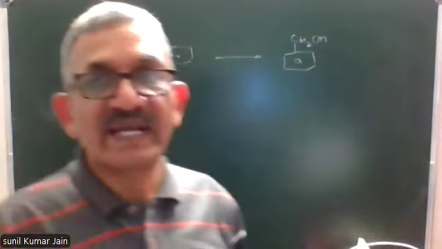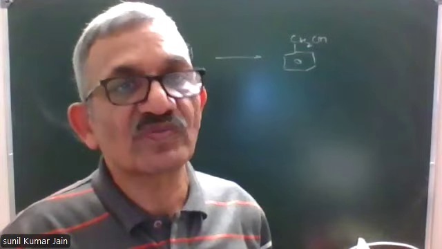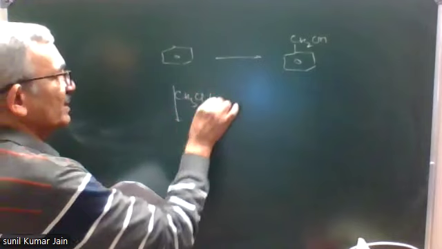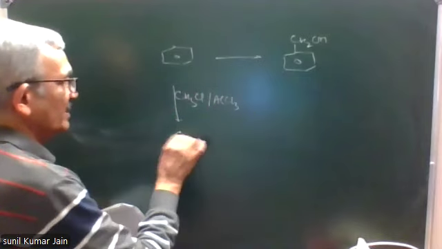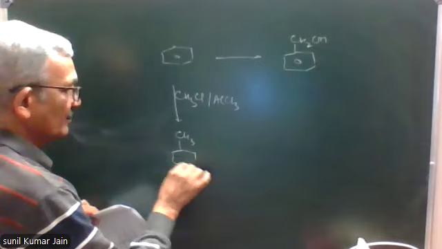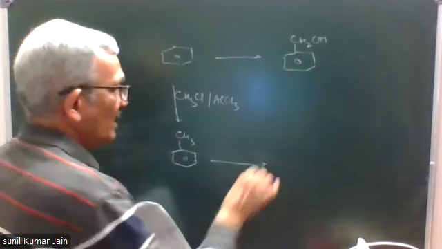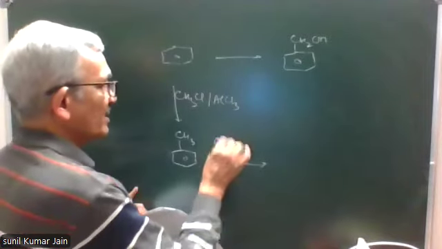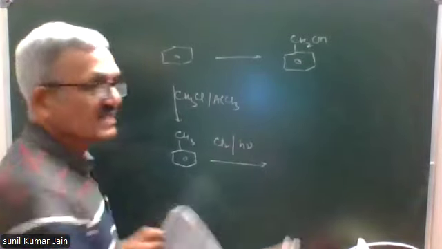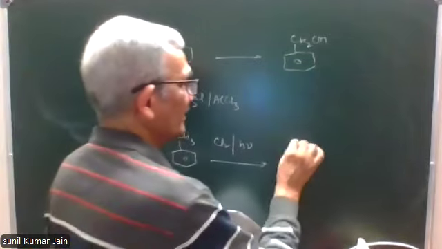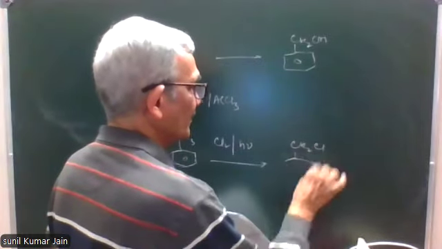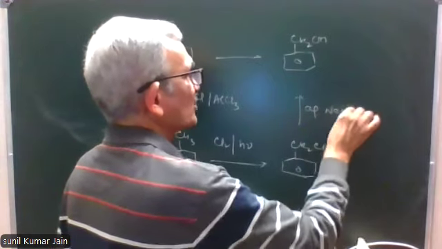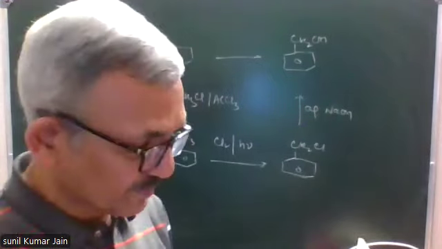First of all, we'll attach a side chain. For that, we'll use Friedel-Crafts alkylation. This is CH3Cl, aluminium chloride, gives toluene. Now we'll carry out a reaction in the side chain, chlorination. Chlorine in the presence of sunlight, side chain chlorination will give benzyl chloride. After that, aqueous NaOH. This is SN reaction, you will get the final product.